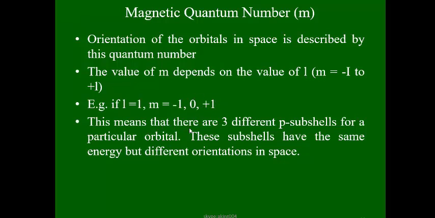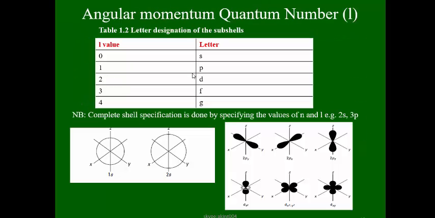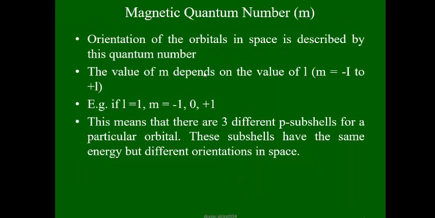This means that in this example, where L is equal to 1, we have p, so there are 3 p subshells for a particular orbital.